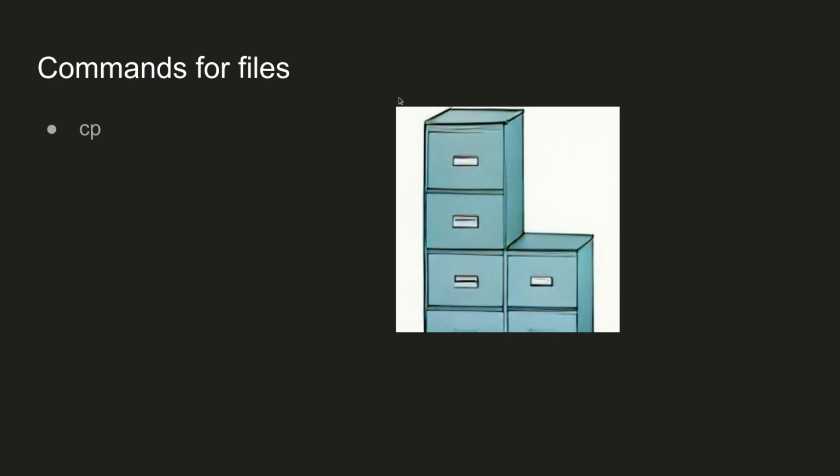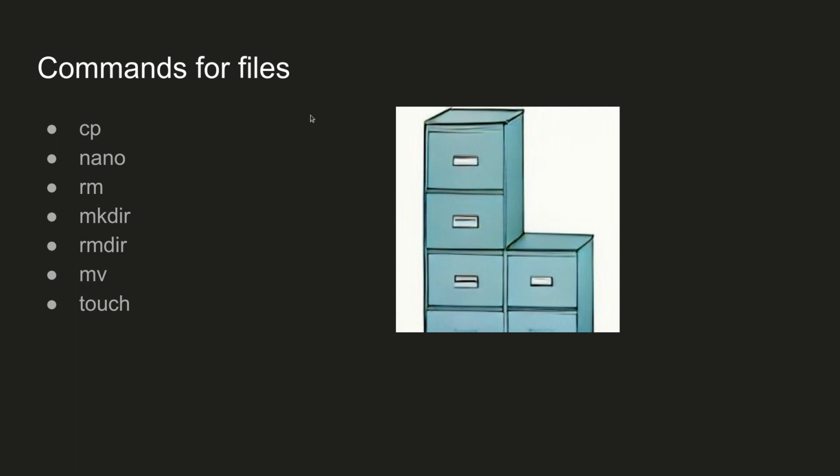So we saw CP, or copy, Nano, which is a text editor, RM, which deletes files, mkdir, which makes directories, rmdir, which removes directories, mv, or move, which can rename a file, and touch, which can create empty files.